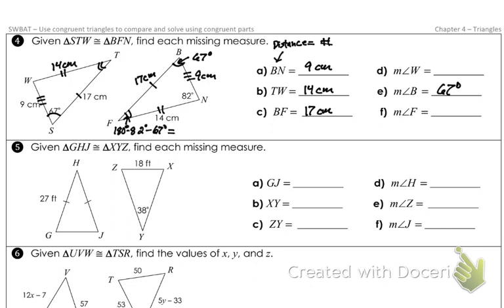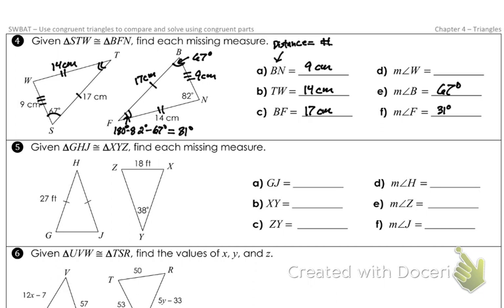Can someone help me out with that? 149 minus 31. I heard 31 from 2 people, so that's 31 degrees. So that makes F 31 degrees.